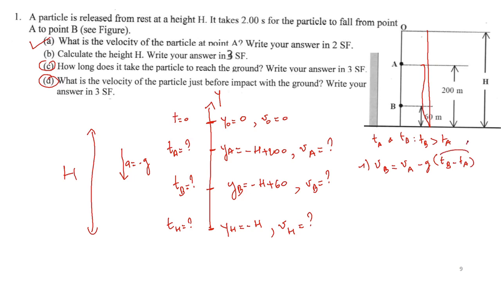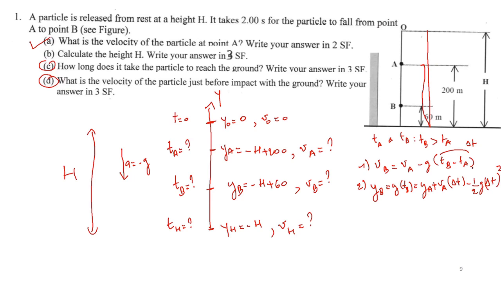Second, YB, meaning Y at time B, is equal to YA plus VA delta T, which is TB minus TA, minus half G delta T square.